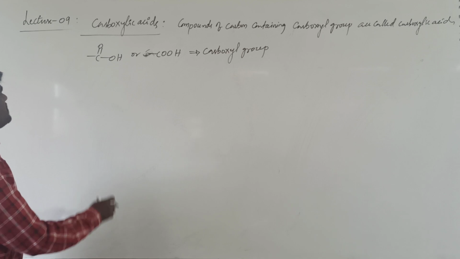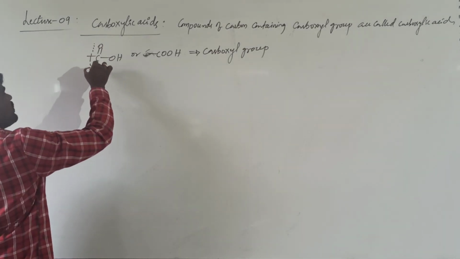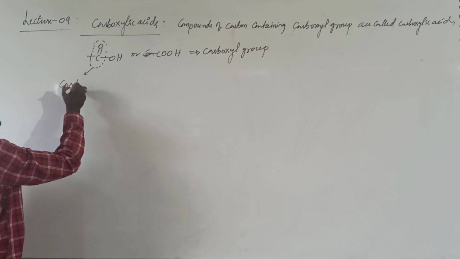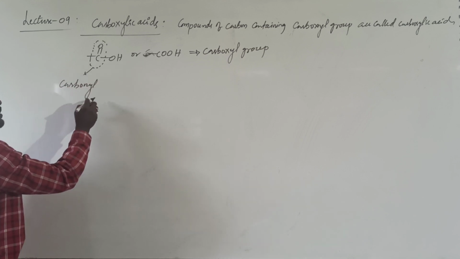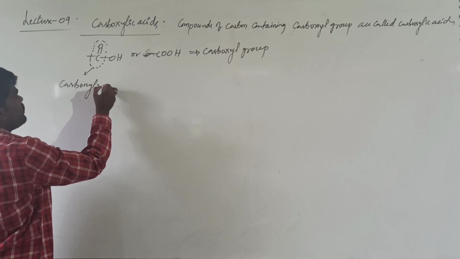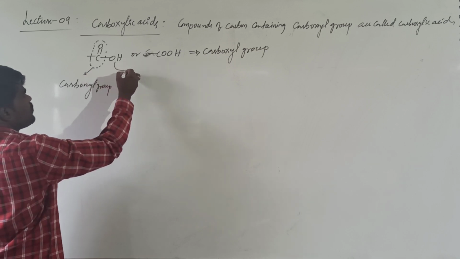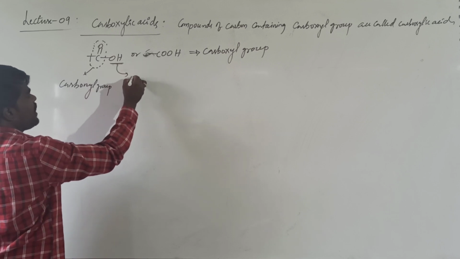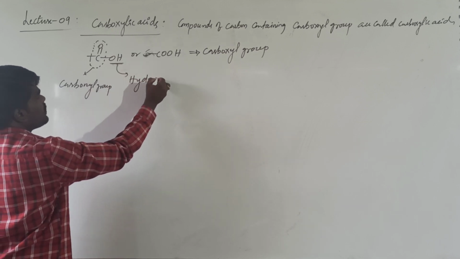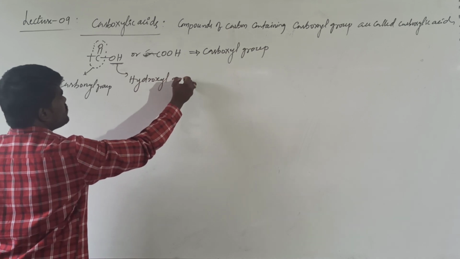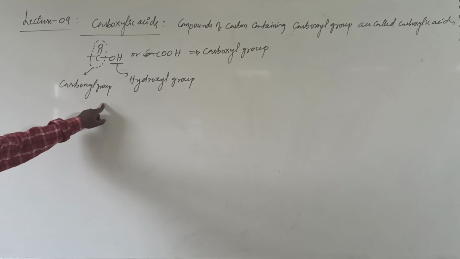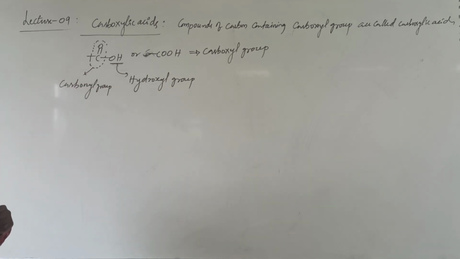Now under this, this particular functional group is called the carbonyl group. And this particular group is what we call the hydroxyl group. So here in carboxylic acids, carbonyl group is attached to hydroxyl group.